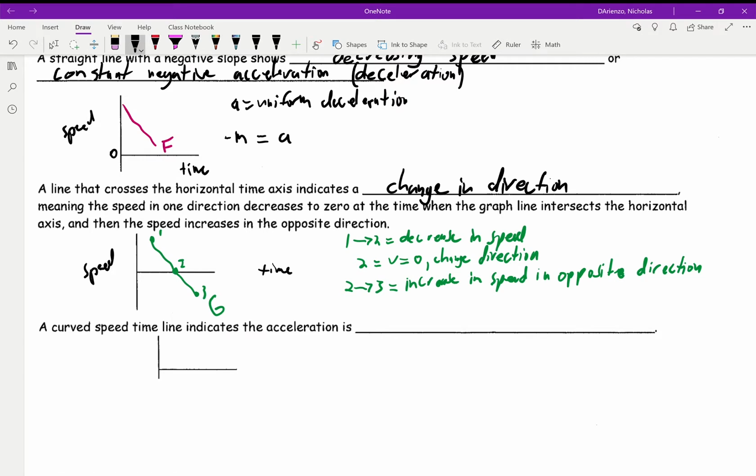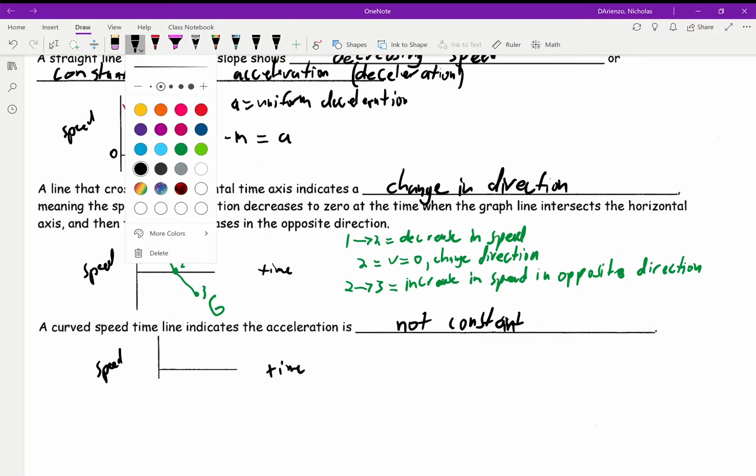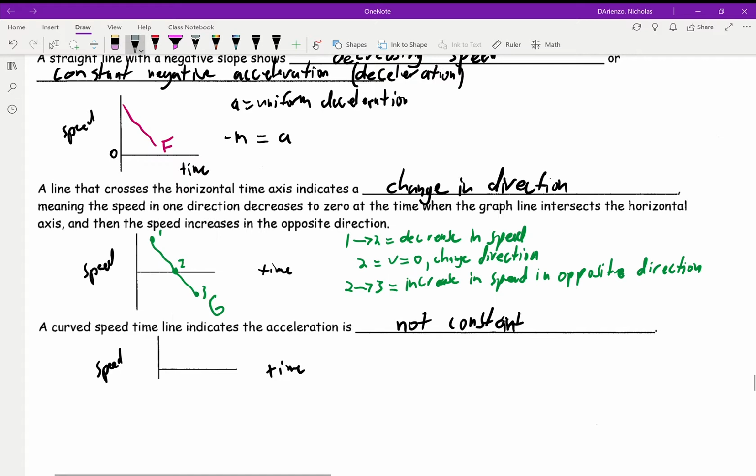A curved speed timeline indicates that acceleration is not constant. And again, this will be speed, time, and a little curved line here.